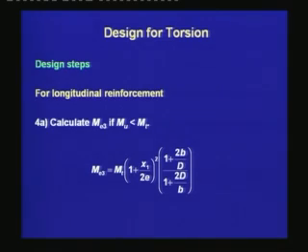This is an expression of a moment which acts about the vertical axis and causes transverse bending. And since it causes transverse bending, we need to design for the side face reinforcement.